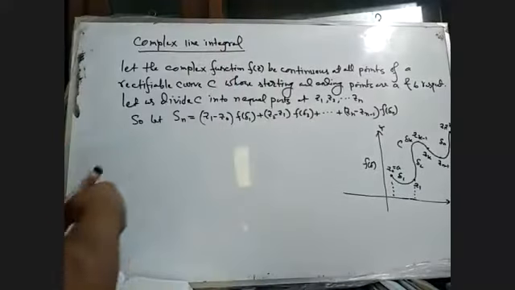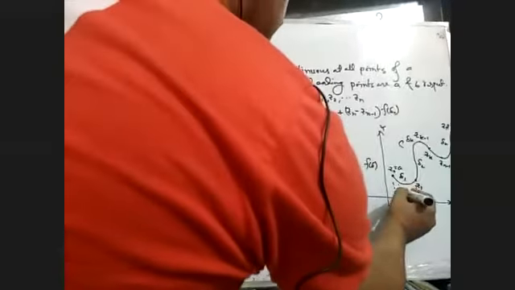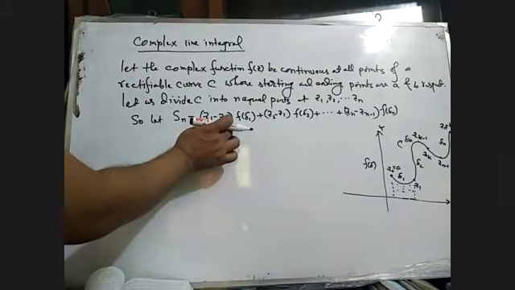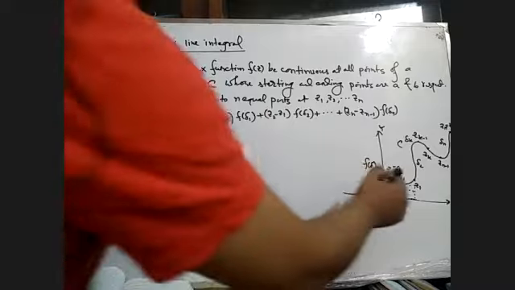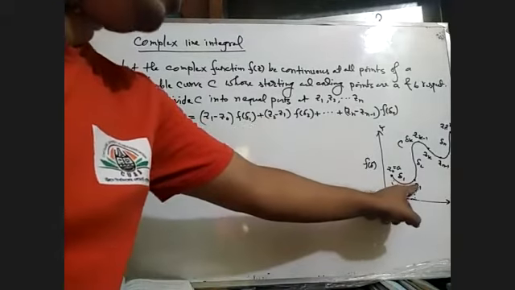So the area bounded by this region is the length along the x-axis times the breadth along the y-axis. This whole area can be found for the first two points, Z0 and Z1.